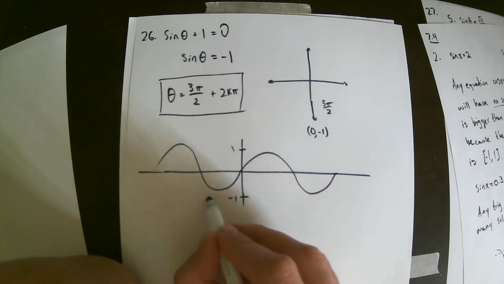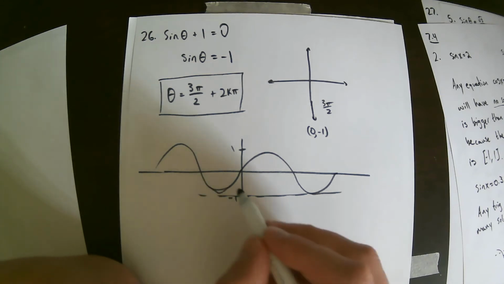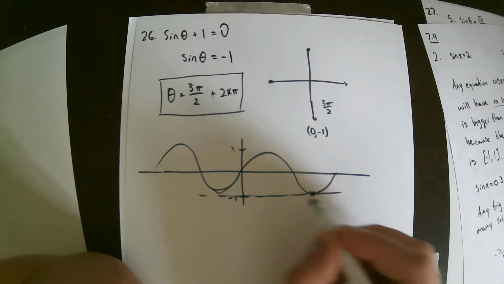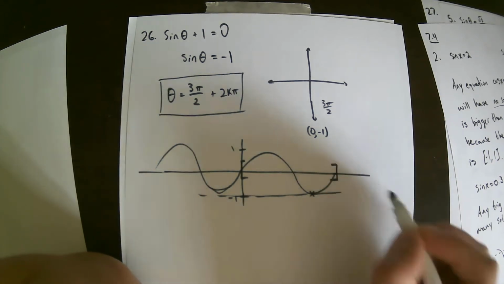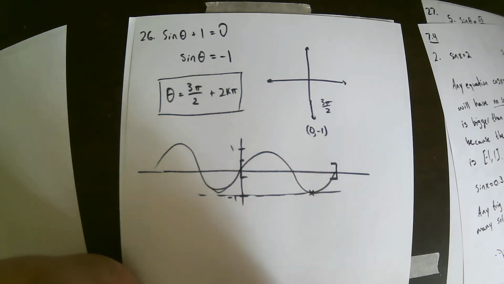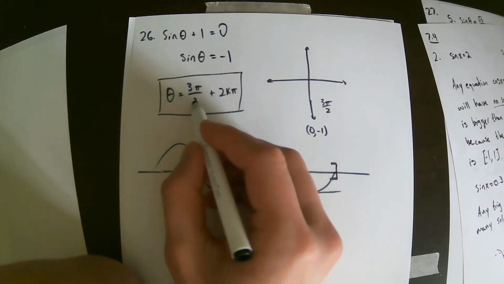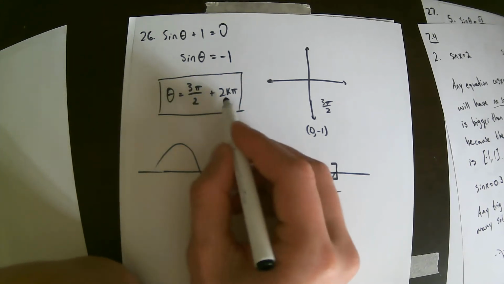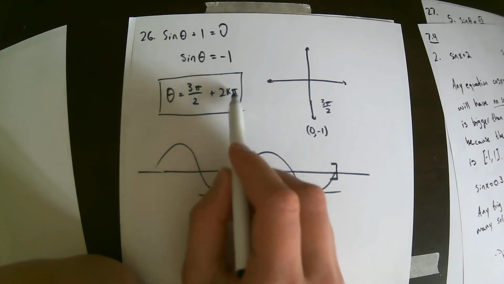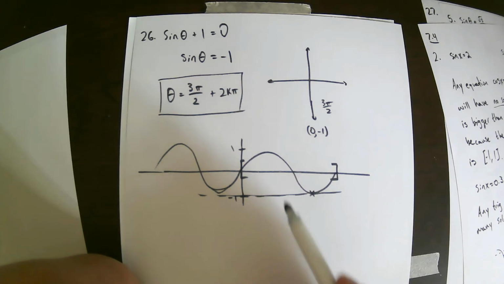Because if I pick -1, it's supposed to come down here and hit there, then it's only going to hit once per period. See, this is the period right here from 0 to 2 pi, and it's only going to hit once. That's why there's only one base angle that satisfies. Of course, there's infinitely many because of the plus 2k pi. Every time I rotate around, I can get another solution.